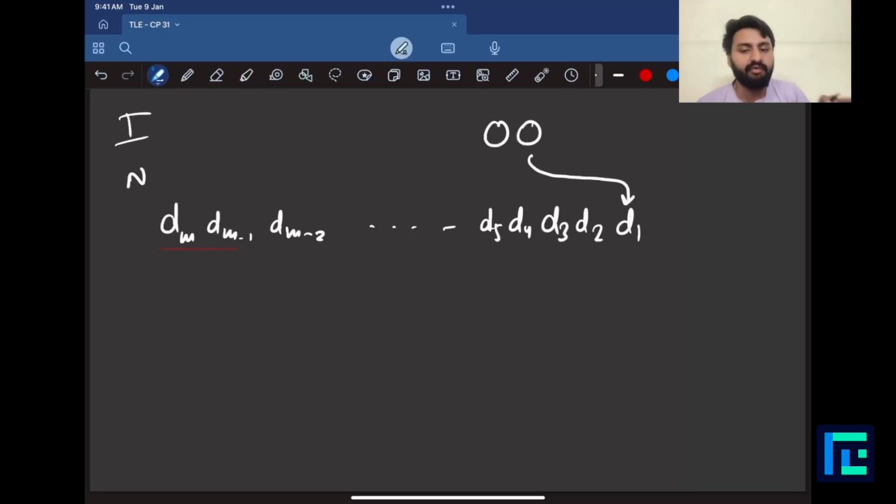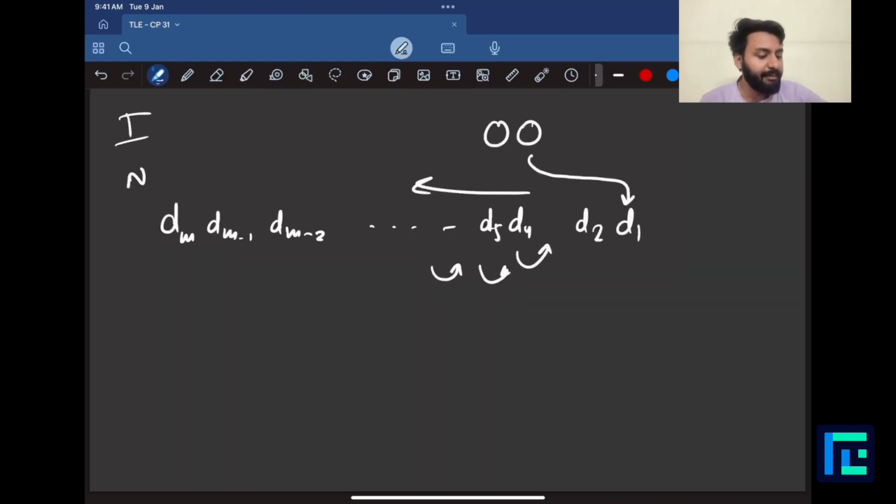What happens when you remove a digit? If I remove D3 from here, all the digits to the left of D3 move one place to the right. It makes sense? If D3 is no more in existence, D4 shifts over here, D5 shifts over here, and so on. So every digit to the left makes one shift to the right.